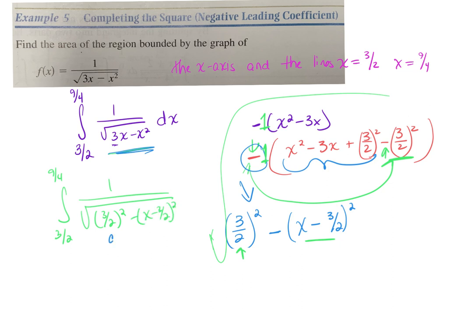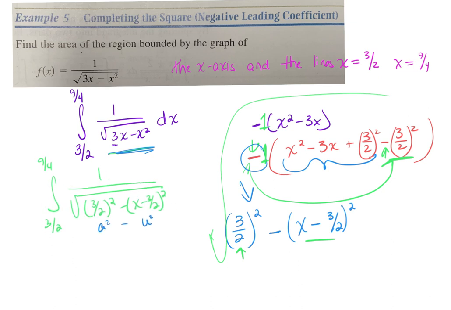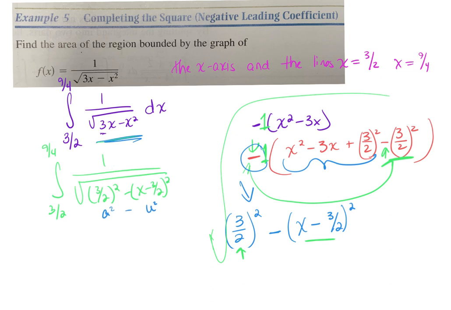This is an a and a u. This is a squared minus u squared, okay? That's what that is, which is sine, by the way, a perfect sine. And the derivative of my function is still 1. So I don't even have to consider anything that's going to affect it because it's still a 1. So once I get to this point, I can go straight to my arc sine.